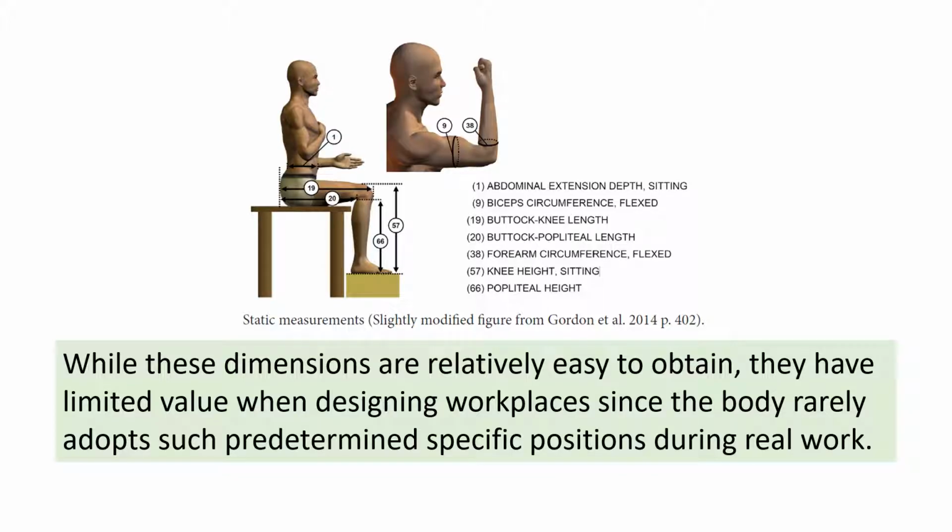Taking static anthropometric measurements is easy, and you can measure different dimensions and adjust the workstation based on the 90% or 95% of the population that have the average dimensions. But the reality is that people don't work based on predetermined specific positions. They work in different positions, they have different approaches.